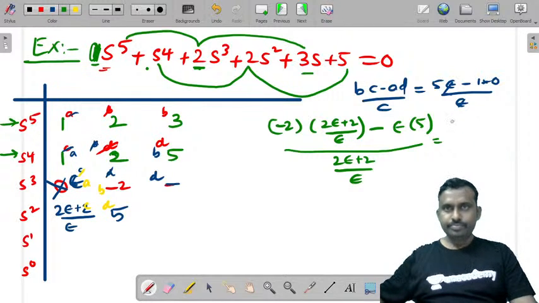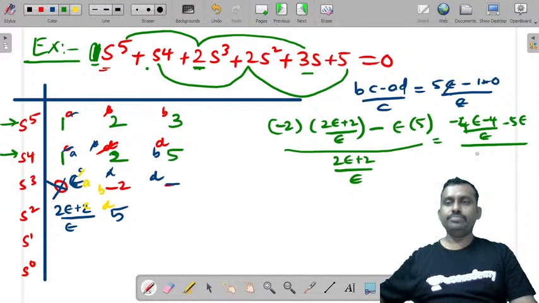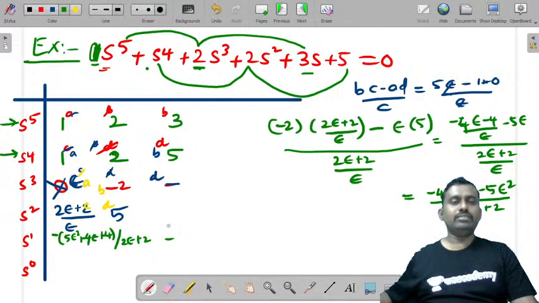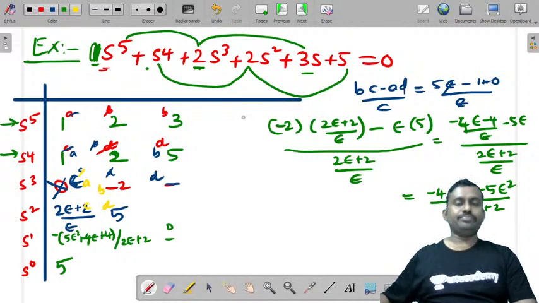This will give you minus 4 epsilon minus 4 by epsilon minus 5 epsilon by 2 epsilon plus 2 by epsilon. Simplify this, you'll get minus 4 epsilon minus 4 minus 5 epsilon squared by 2 epsilon plus 2. That is the negative of 5 epsilon squared plus 4 epsilon plus 4 by 2 epsilon plus 2. Then the other element will be a 0 and this will be a 5.